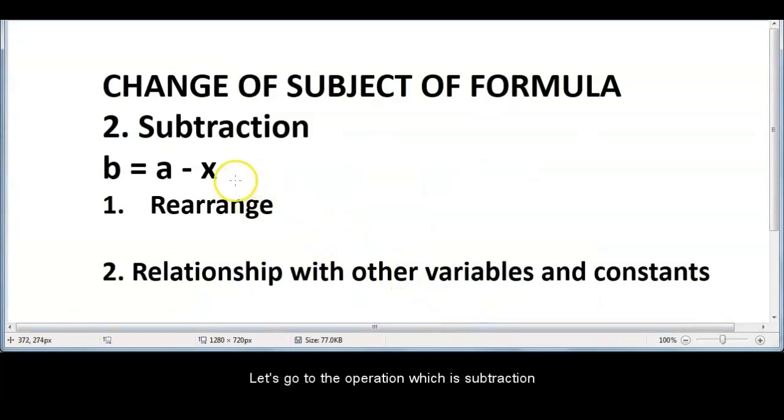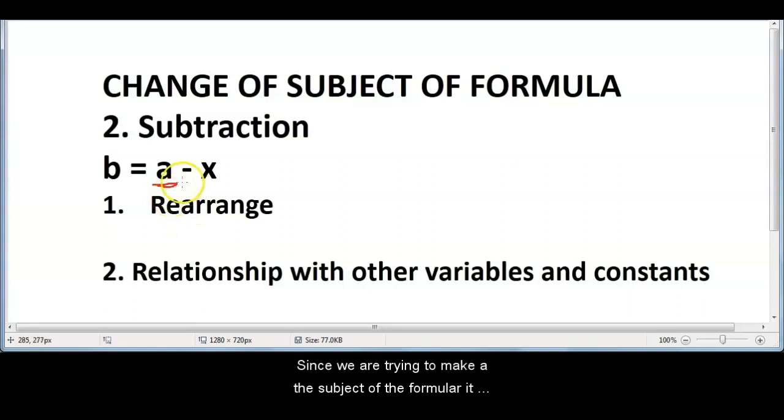Okay, let's go to the next operation, which is subtraction. B is equal to A minus X. Make A the subject of the formula. Let's consider an example. First you rearrange.